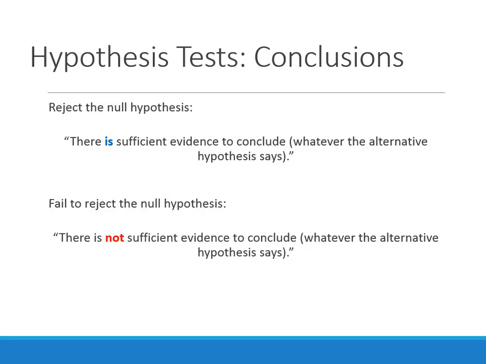That makes sense because the alternative is usually the question that we're trying to answer. So either there is sufficient evidence to conclude the alternative hypothesis, or there is not sufficient evidence to conclude. So on the final exam, I'll be fairly picky about your interpretations to make sure that you have these down.